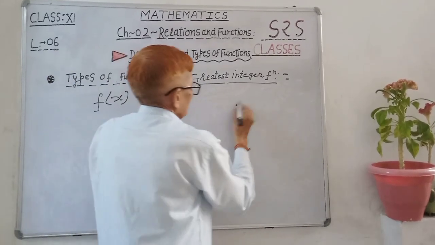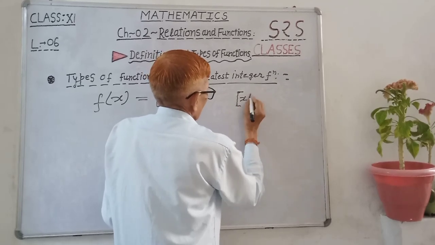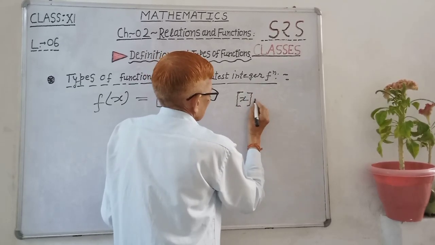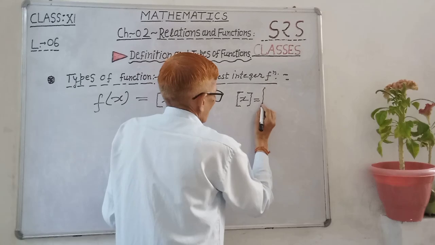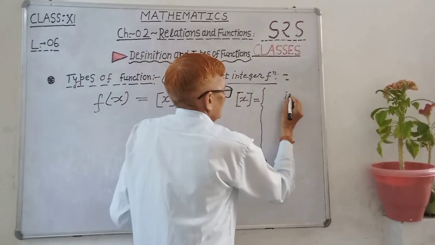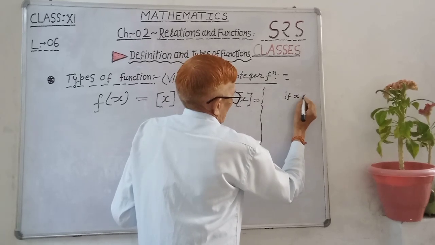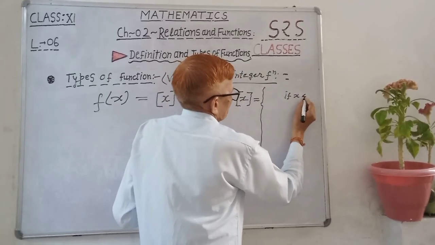What is the meaning of this? The value of the greatest integer of x, what is it? Okay?